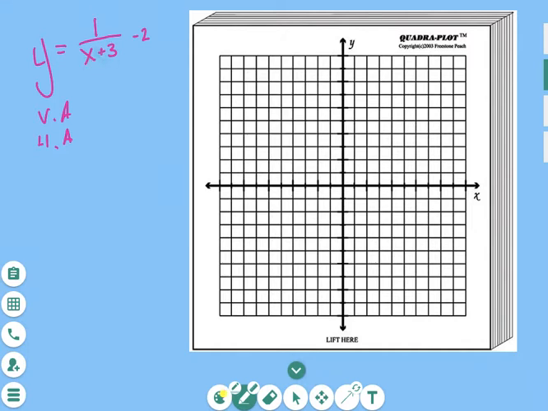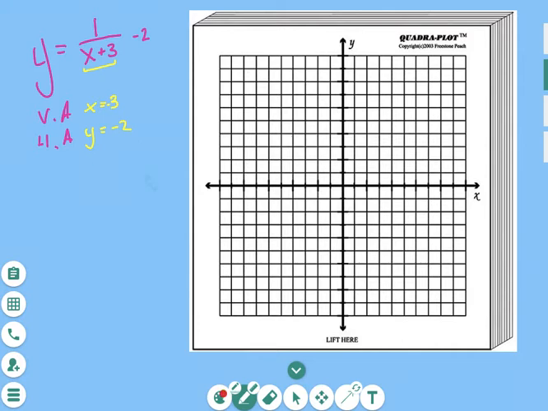So in this equation, what would make the denominator work out to 0 would be x at -3. We write that asymptote as a line, so x equals -3. Our horizontal asymptote would be at our k value here of -2.